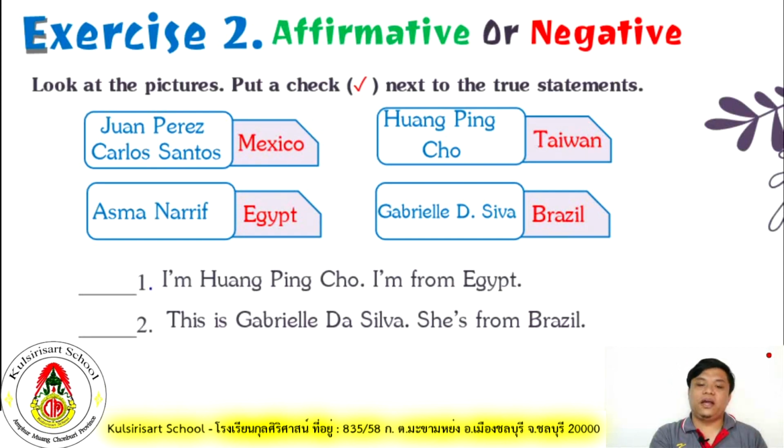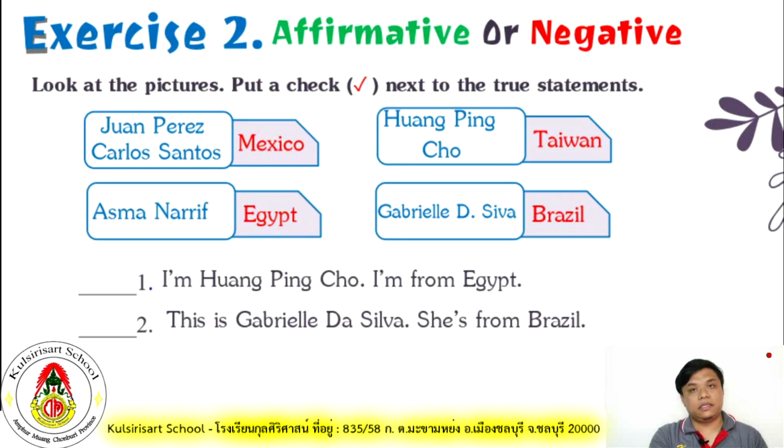Okay, let's try to understand. Exercise number 2, we have here, Juan Perez and Carlos are from Mexico. So that is an affirmative statement. Asma Narif is from Egypt. Wang Pincho is from Taiwan. And Gabriel is from Brazil. So I use affirmative statements by telling you where they are from. For example, I say Juan Perez and Carlos are from, I use are, from.